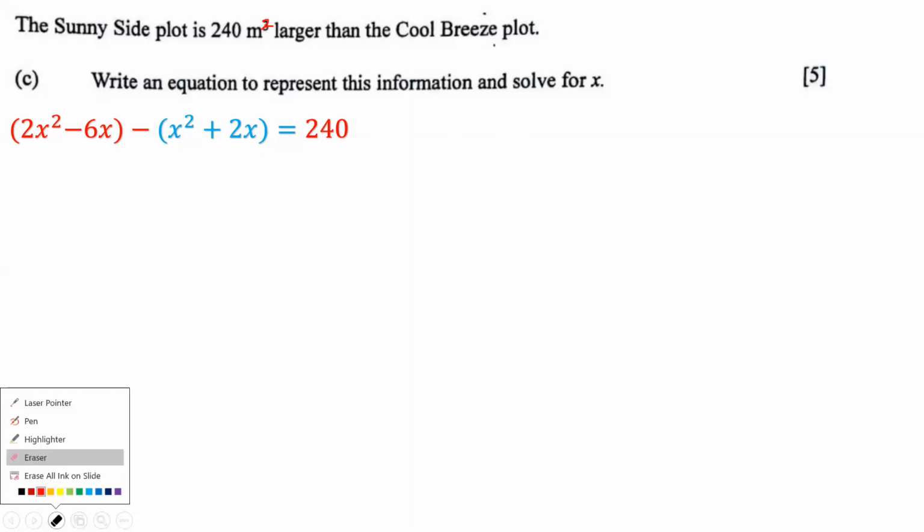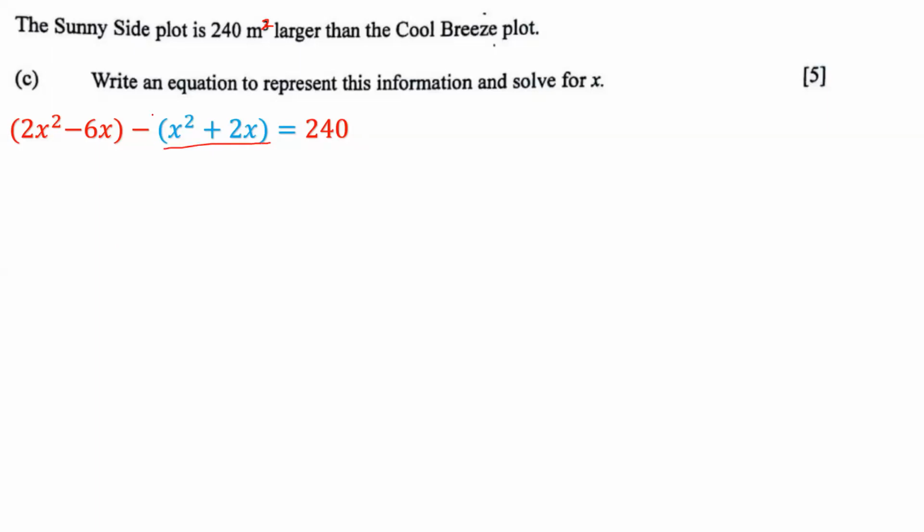The first thing we have to understand is that this entire expression is related to this negative sign. What does that mean? That means that we have to multiply the negative by both terms. All right, so that's very important. So we have negative multiplied by x squared, which is going to be negative x squared.